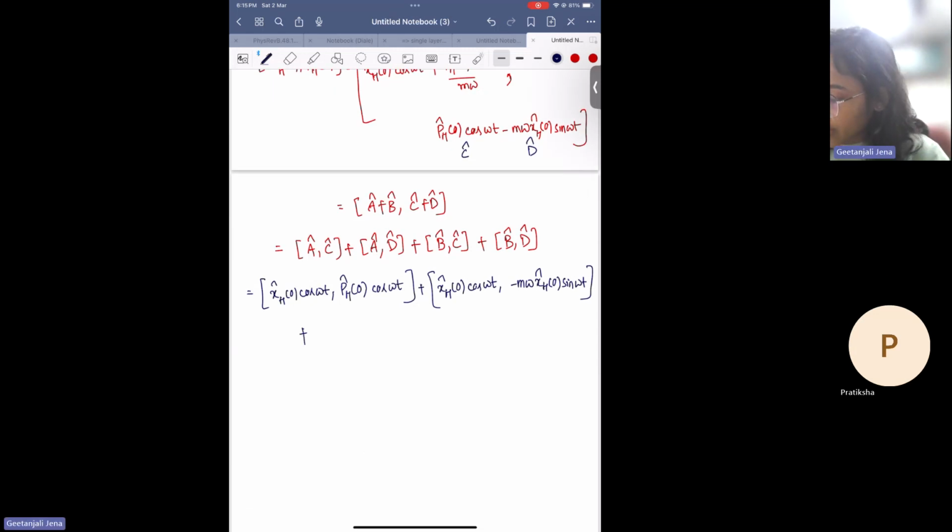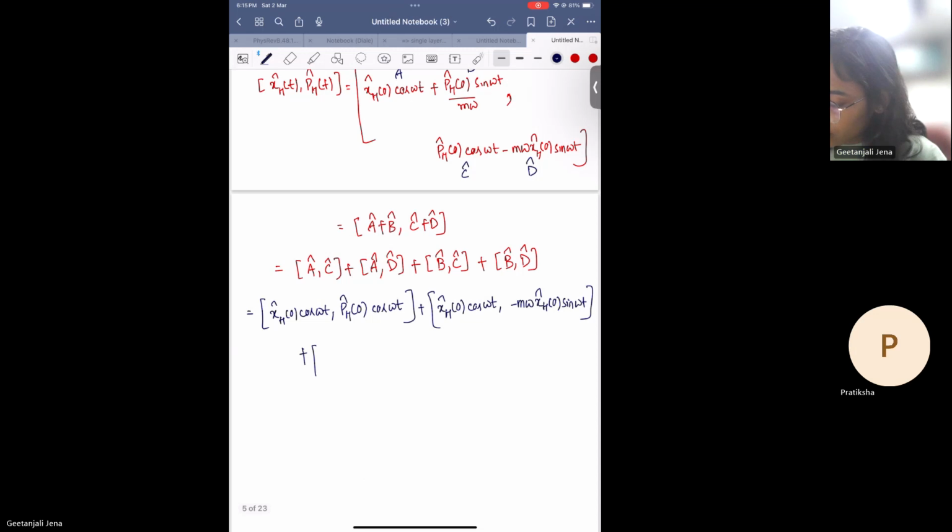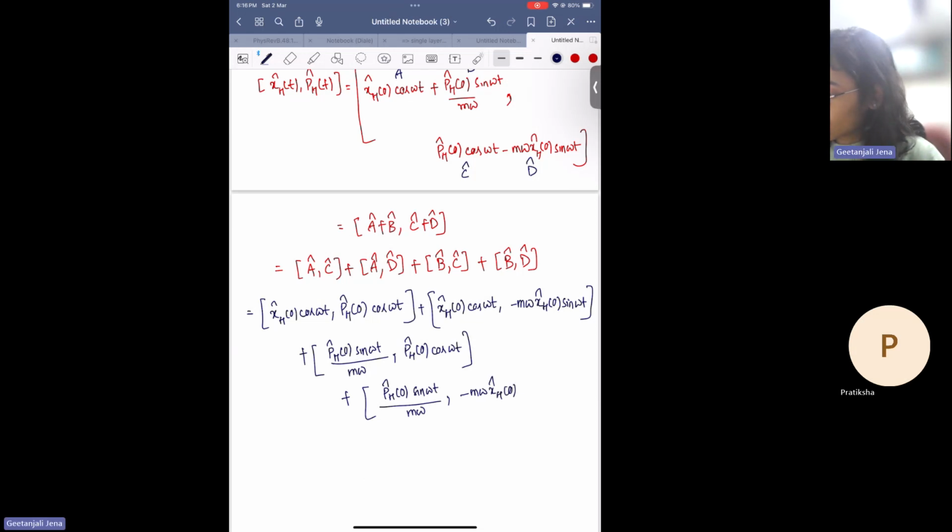And the other term is B and C commutation relation, which is p0 sin omega t divided by m omega, and C is cos omega t, and the last term is BD, p0 sin omega t divided by m omega with x0. So you have to just separate out the individual terms so that you can simplify the overall expression.